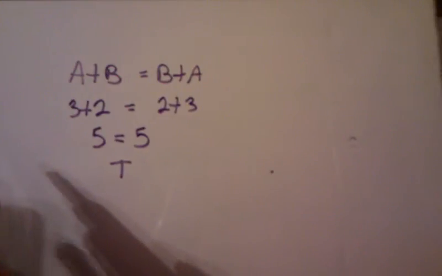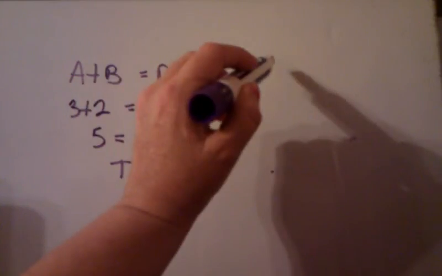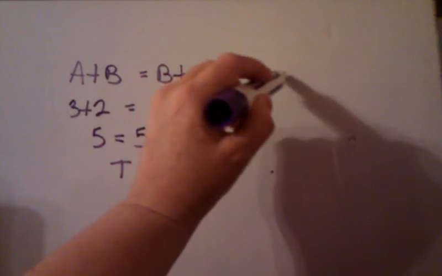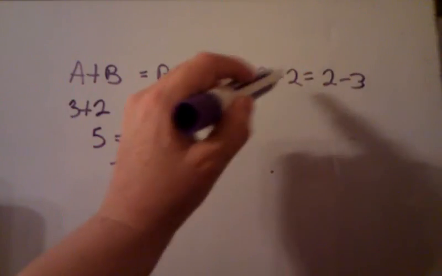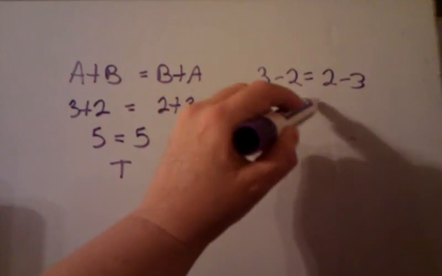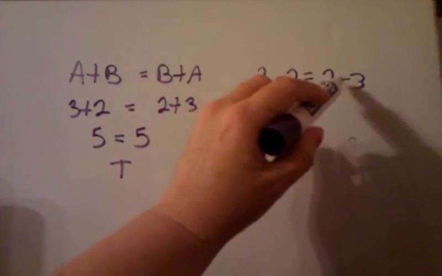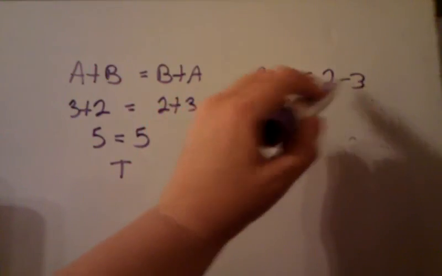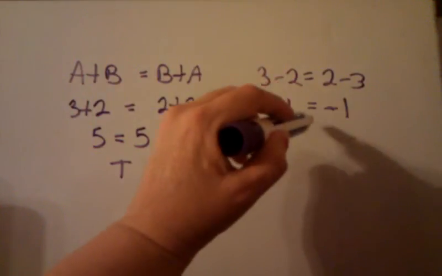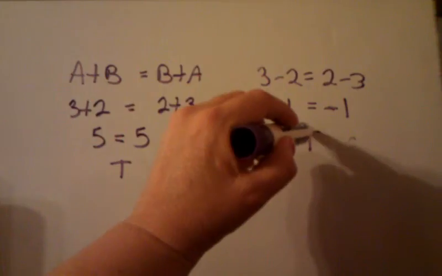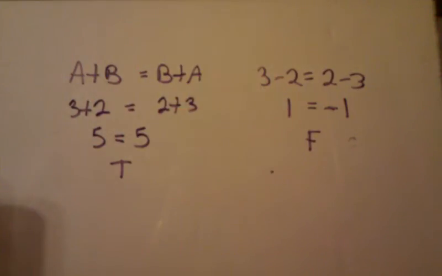Let's see if subtraction is. Let's put 3 minus 2 equals 2 minus 3. 3 minus 2 is 1. 2 minus 3, my larger number is 3, and it's negative. 1 does not equal negative 1, so that is false. So subtraction is not commutative. You cannot change the order.